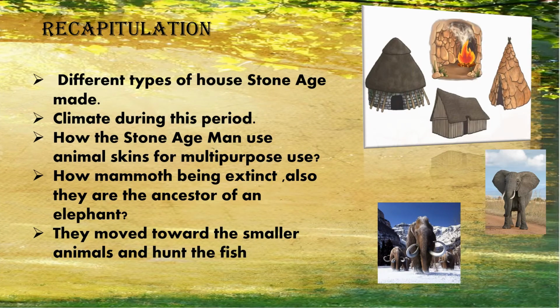Recap of our Module 1 from shelter to village settlement. So in this module, students, we learn different types of house made by Stone Age, climate during this period, how the Stone Age man used animal skin for multi-purpose uses, how mammoth became extinct, also they are the ancestor of an elephant.